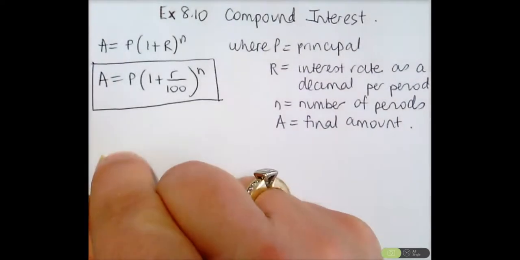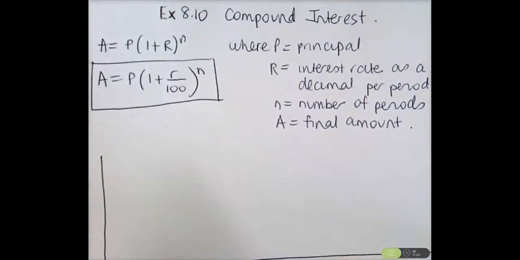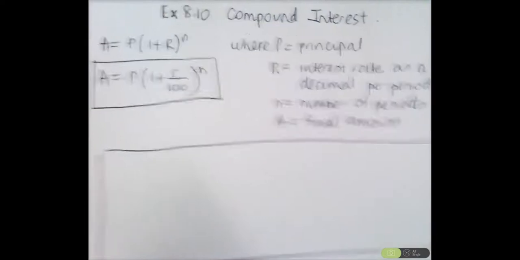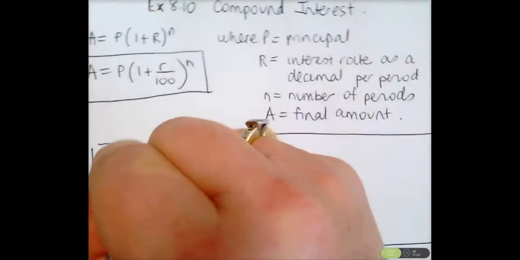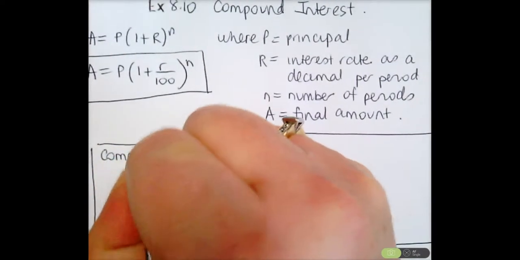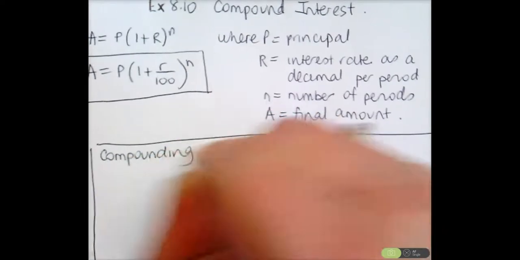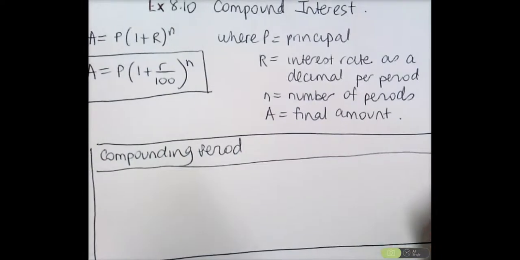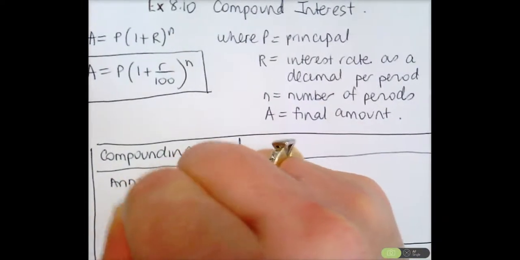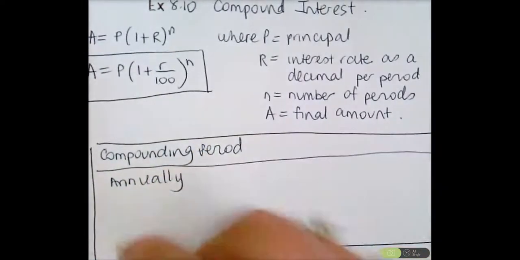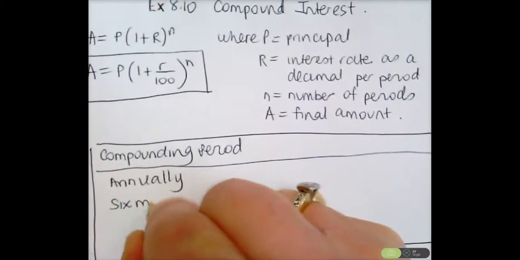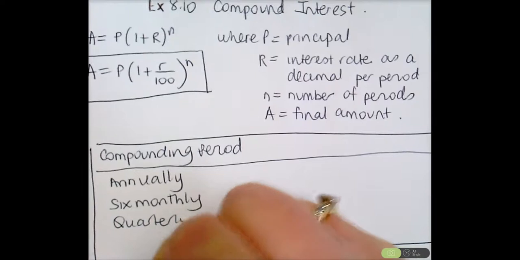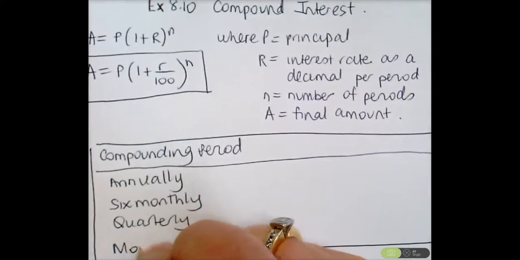Now, I'm just going to draw that little table with what you do with R and N for different compounding periods. With different compounding periods, you can get compounding annually, compounding 6 monthly, compounding quarterly, or compounding monthly.